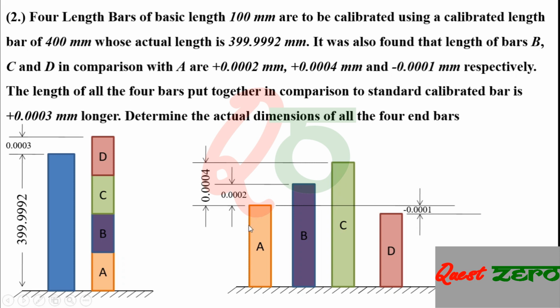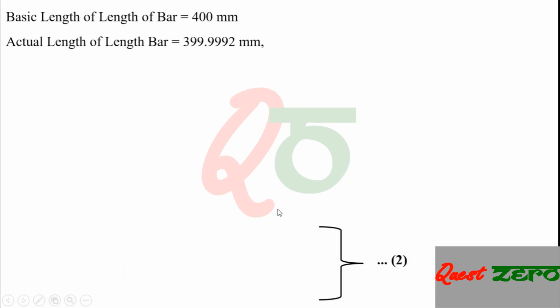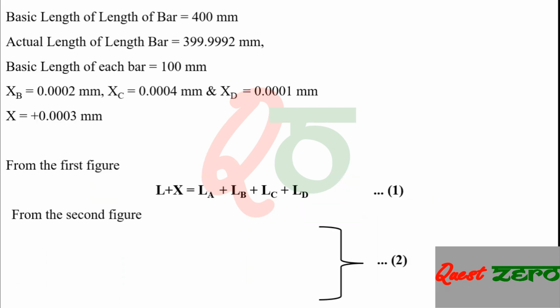LC is equal to LA plus XC, where XC is the difference between A and C. LD is equal to LA minus XD, where 0.0001 is the dimension. So I will write the same equations from the second figure: LB is LA plus XB, LC is LA plus XC, LD is LA minus XD.